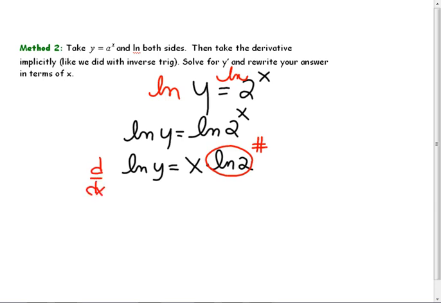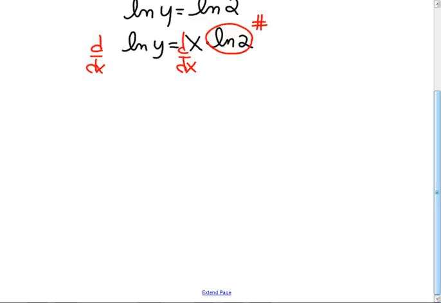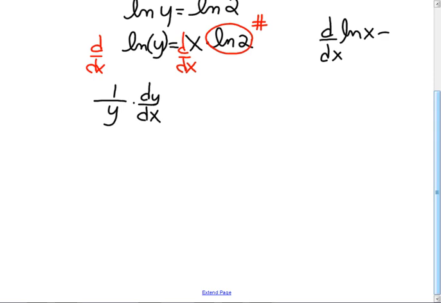Now let's take the derivative. What's the derivative of the natural log of y with respect to x? Do the chain rule. What's the derivative of the log function? It's 1 over whatever's in there times the derivative of whatever's in there. So that's dy dx. The derivative with respect to x of the log of x is 1 over x.